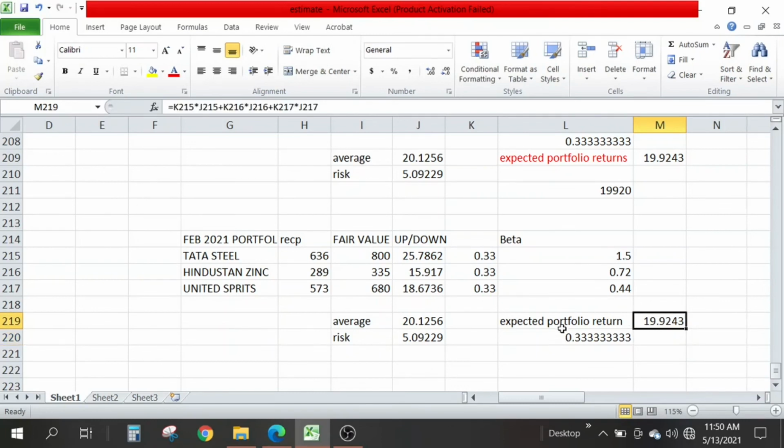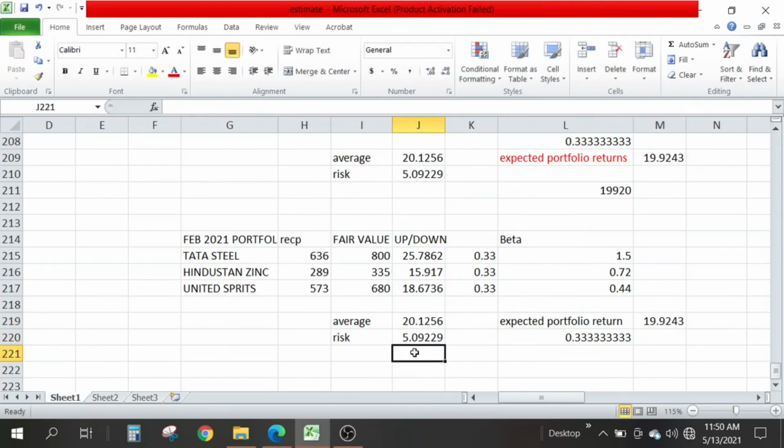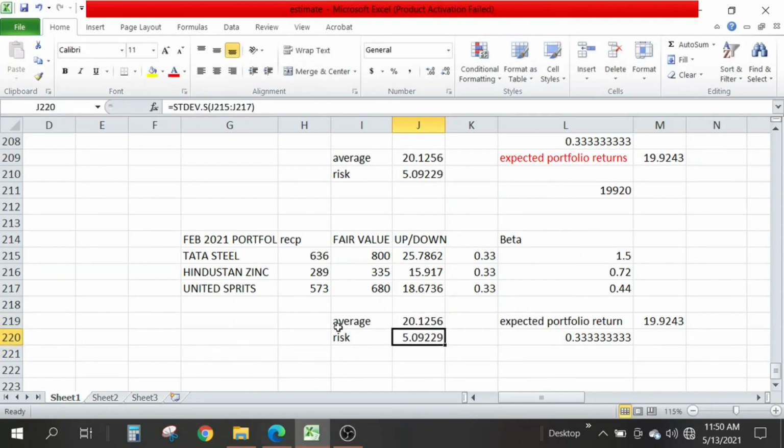Yes, and we got the expected portfolio return of 19.9243. Yes, and this is the calculation you must be doing. You must do it before making a portfolio, using standard deviation and average.